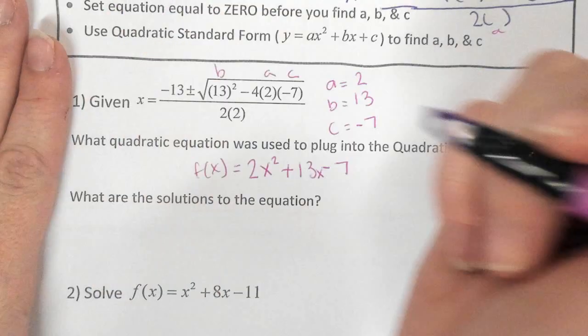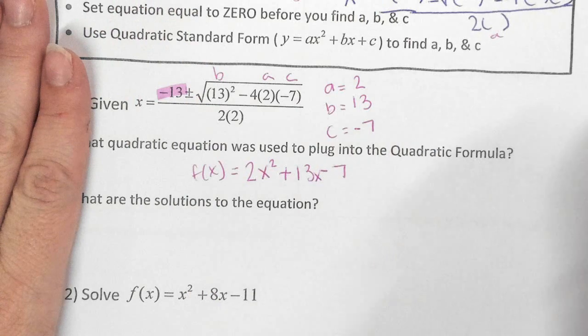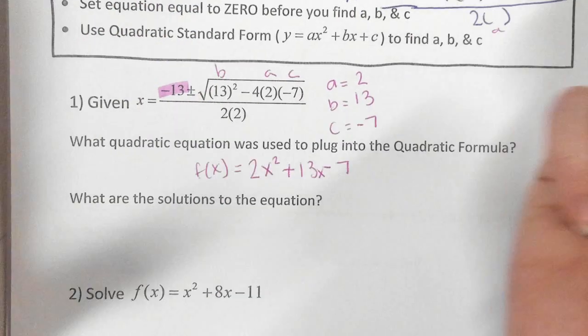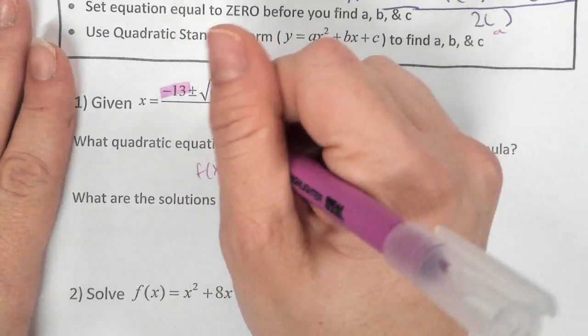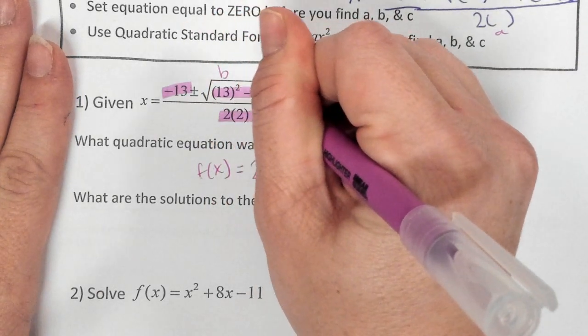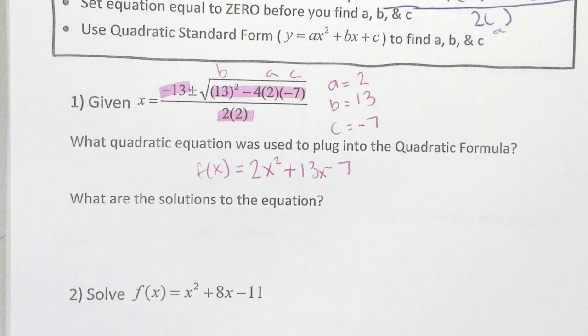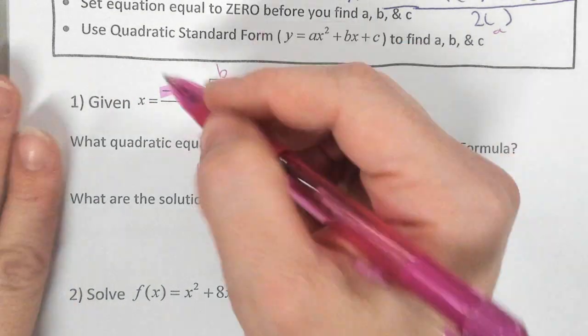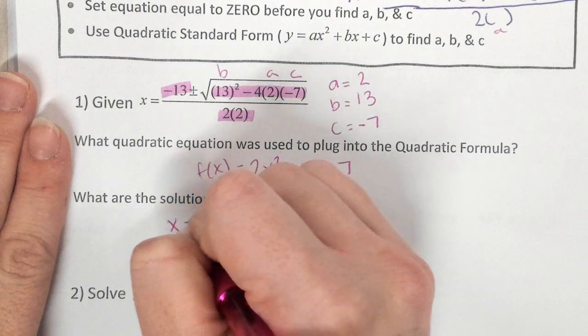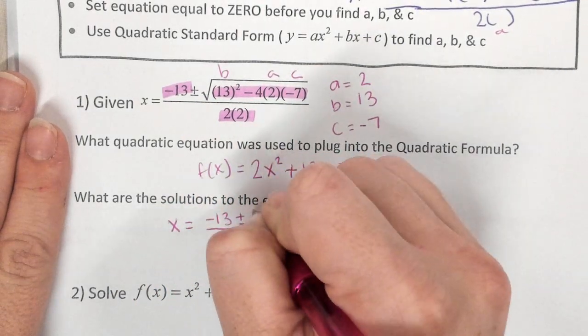And then it's going to look like everything we've been doing for the last week. Here, this piece is already simplified. They plugged in a positive, so now it looks negative. Yes? Then you're going to simplify this piece. And then you're going to simplify only what's under the house, not including the house. Yes? So I'm going to show you what I mean. That first piece, like I said, is already simplified for us. It's just -13 plus or minus the square root of something.